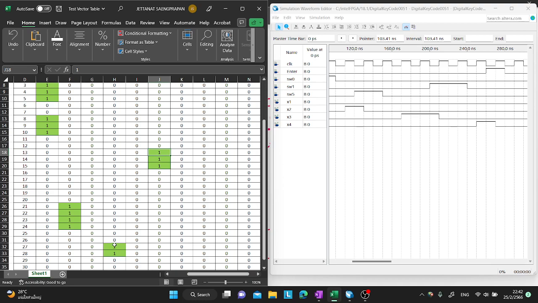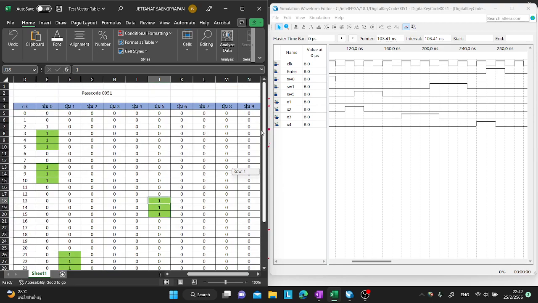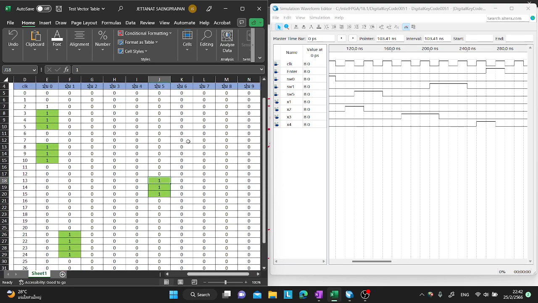in clock 27 and 28 there's enter. That means you can press any numbers instead of this, like 2 3 4 5 2 3 4 6 7 8 9.